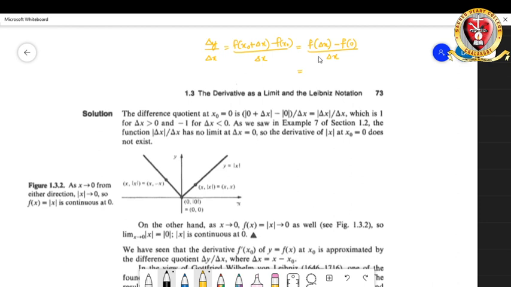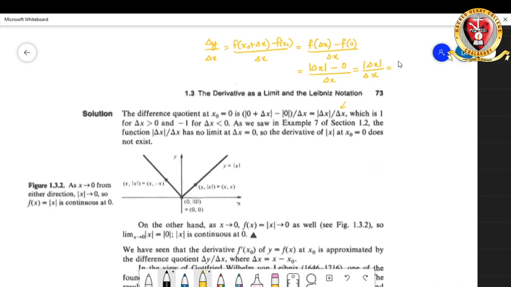And our function is mod x, so you get mod of delta x minus f of 0, mod 0 is equal to 0, divided by delta x. So you get mod of delta x by delta x. So that is what you obtain here. And what is mod of delta x by delta x?